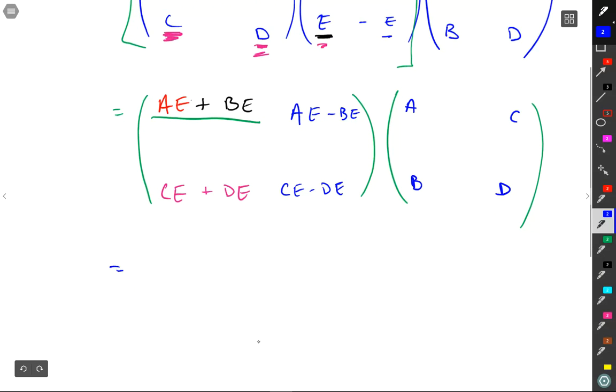And we've got one more multiplication. This one here with this one here, right? A squared E plus ABE. And then this one with this one plus ABE minus B squared E. That's my first term.